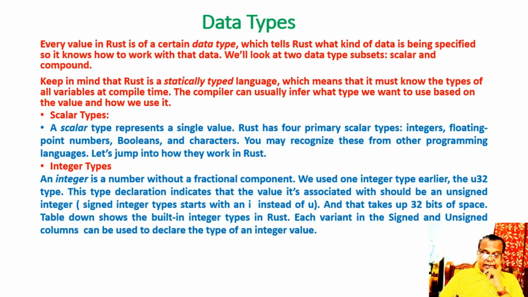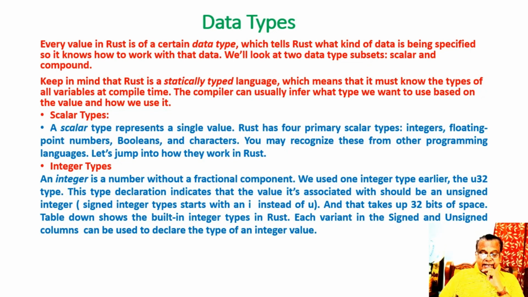Look, integer types. An integer is a number without a fractional component. You know that. We used one integer type earlier, the u32 type. This type declaration indicates that the value it is associated with should be an unsigned integer.